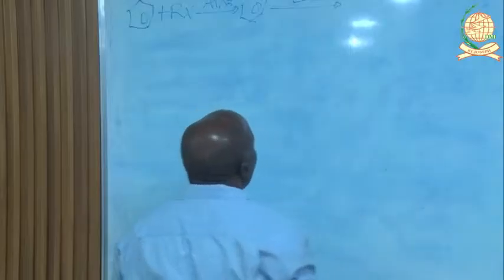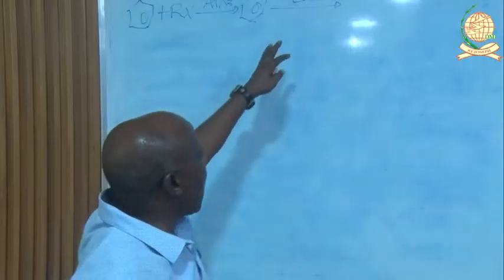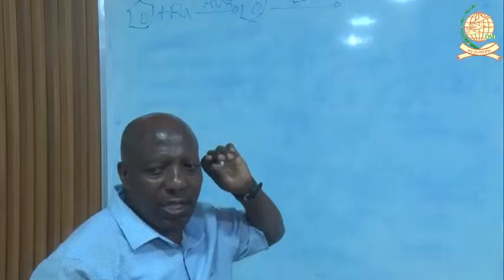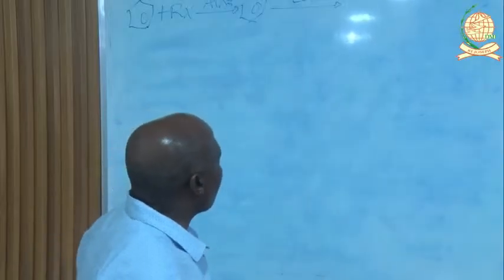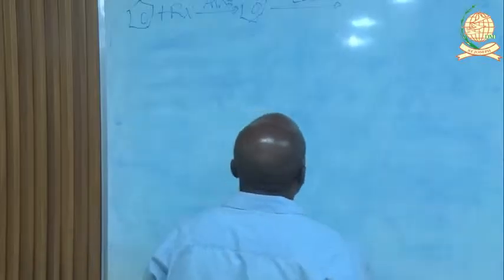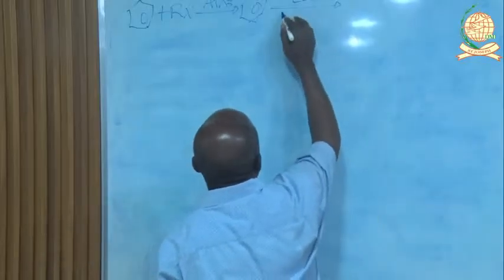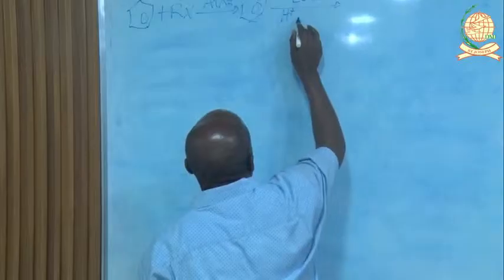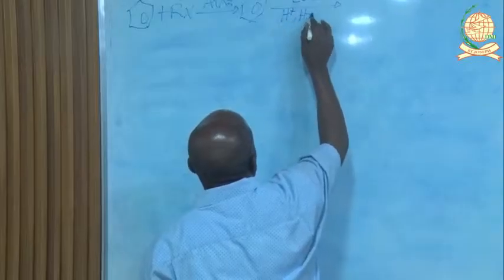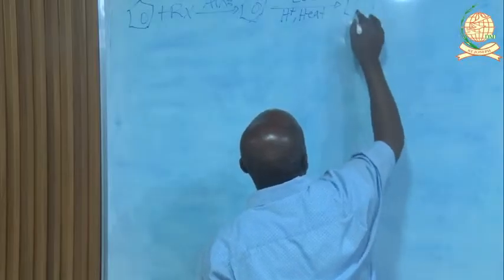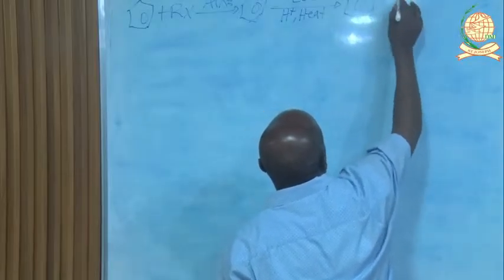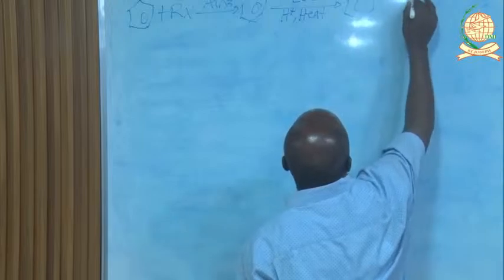Now, whenever you find an oxygen atom enclosed in square brackets, it indicates that this oxygen is derived from the oxidizing agent. So in the presence of acid, here sulfuric acid, then heat, you get a carboxylic acid, benzoic acid.